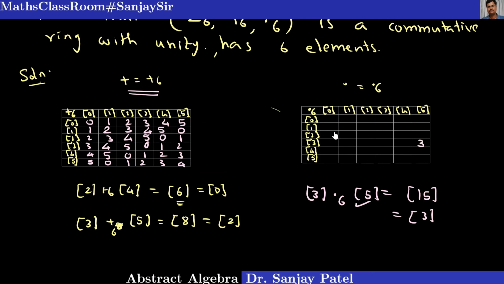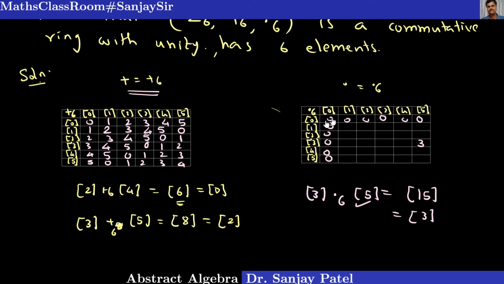Let us write the values of all other elements. Multiplying with 0 results in 0. So the first row and first column are 0. That I can fill up without thinking: 0, 0, 0, 0 and 0.